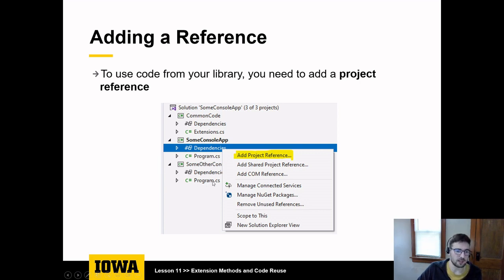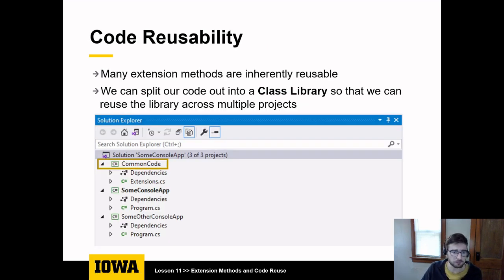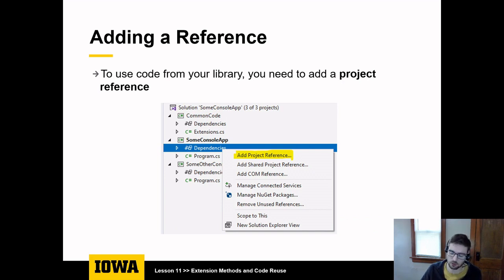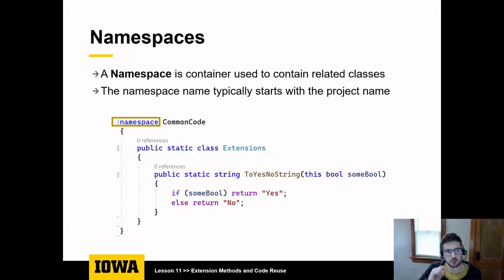And we can do the same thing here, add a project reference saying that this project references common code, and then this can use the code in here. So now we don't have to duplicate code across these 2 different apps. We can have them both use code that is located in this common code class library. So that's what's going on there. A way we can share code across our applications.